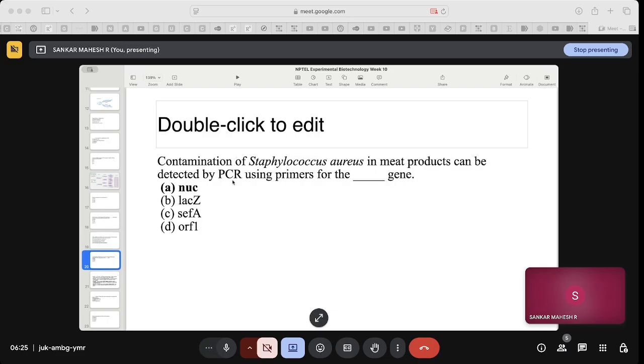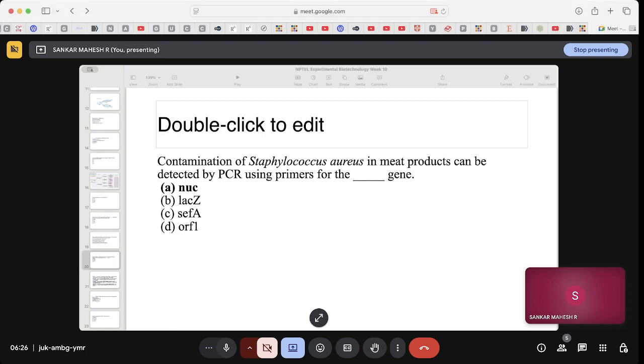Okay. The next question is: contamination of Staphylococcus aureus in meat products can be detected by PCR using primers for the dash gene. Four options are given here: NUC gene, LacZ, CepA, ORF1. You can take a couple of minutes to think about this, and to start with, you can tell me what you know about the incorrect options. You might be familiar with the incorrect options and their expansions.